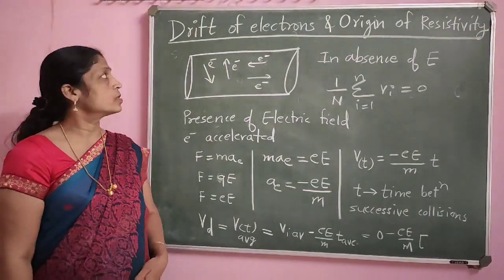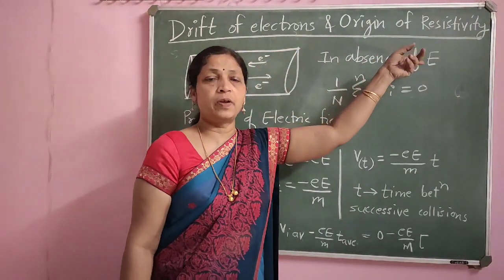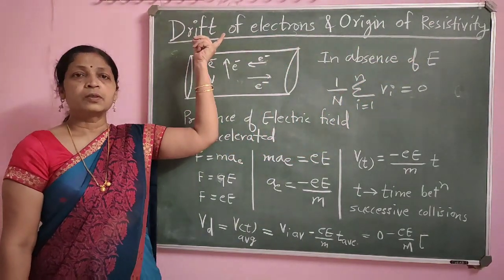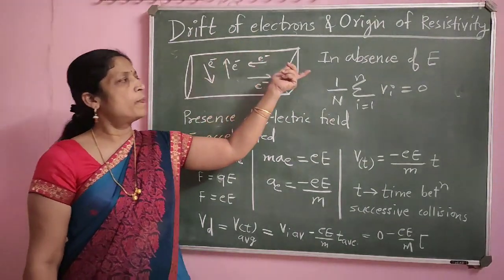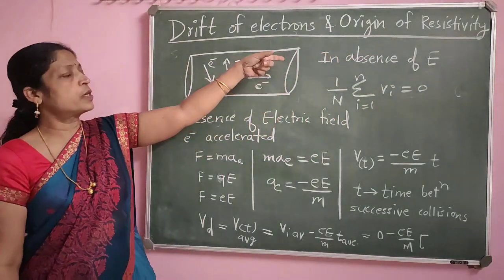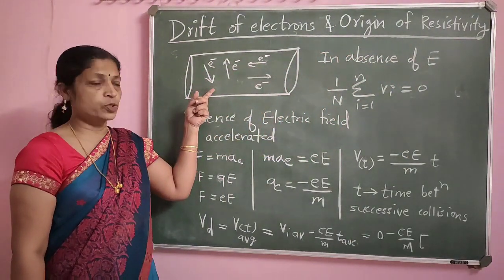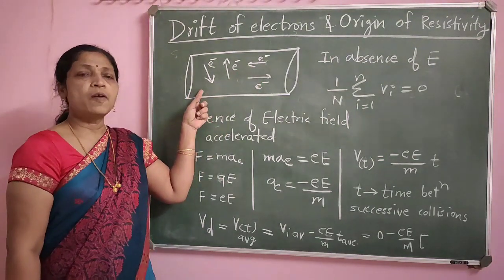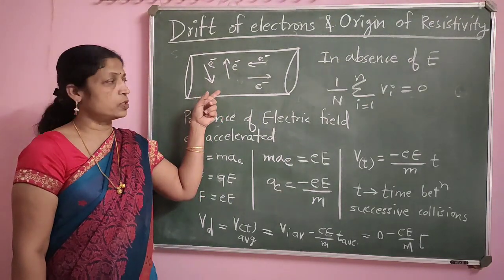We are going to discuss the drift of electrons and the origin of resistivity. Drift of electrons occurs due to the external electric field. But what will happen in the absence of an external electric field? In the absence of an electric field, the electrons, due to thermal motion, move randomly here and there, and after colliding with ions, they emerge again with the same speed.